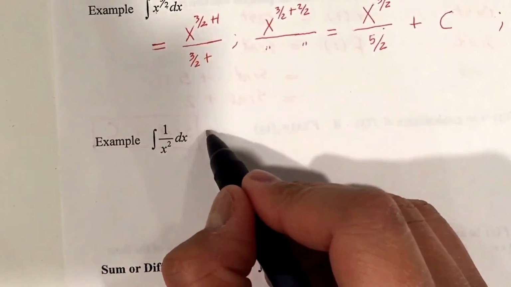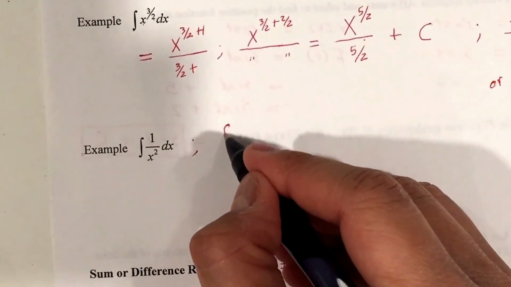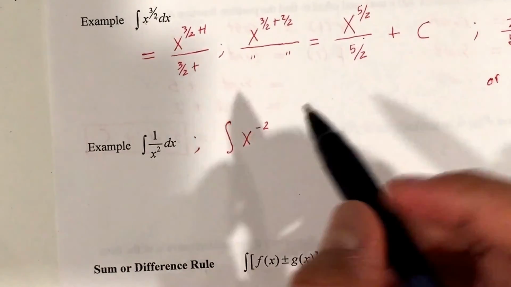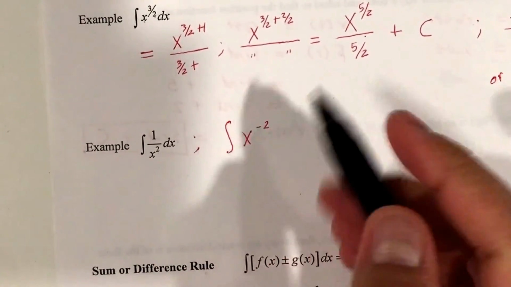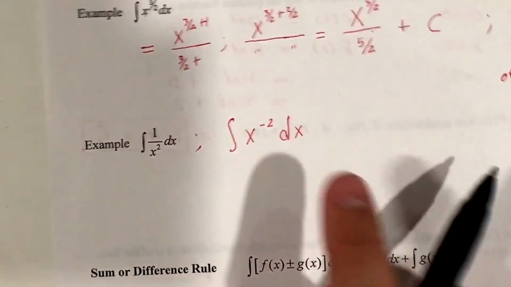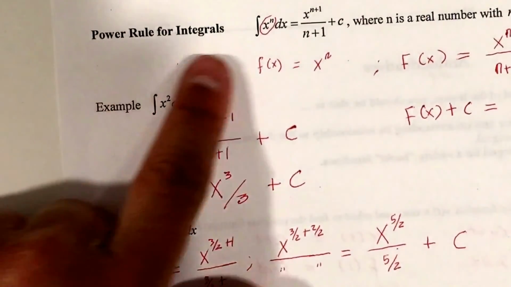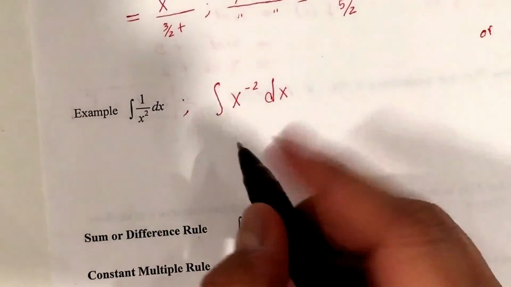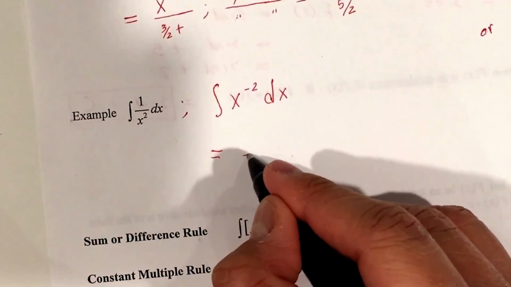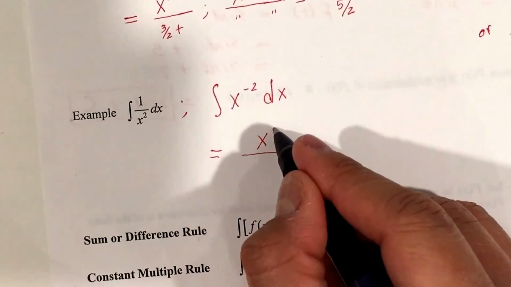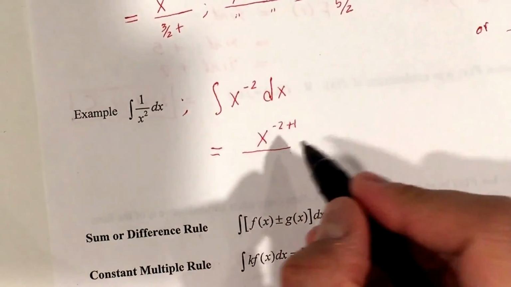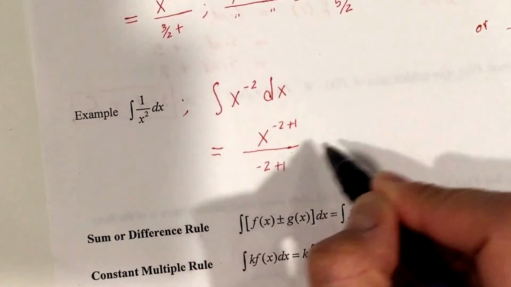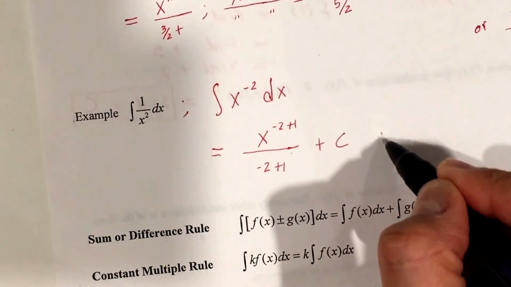Okay, the integral of 1 over x squared. Usually what I do is I turn it into a power function, and then I'm going to go ahead and apply the power rule to it. When you add 1 to the original power, and I'm also going to divide it by the same power, add a little c.